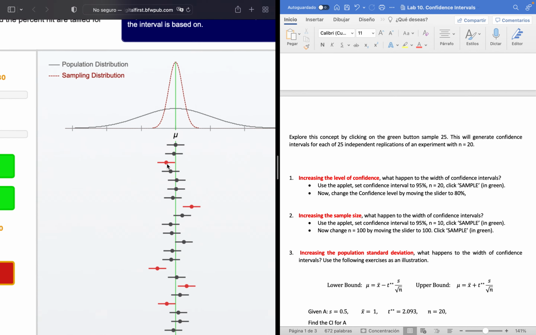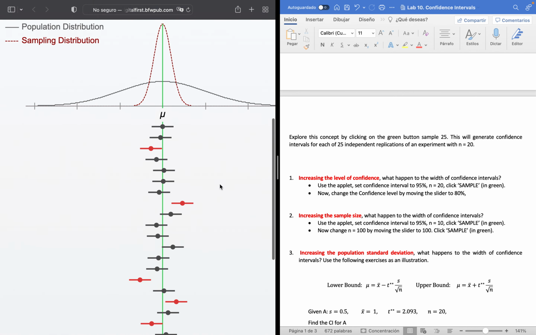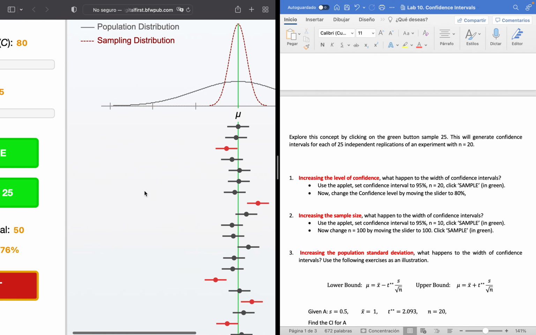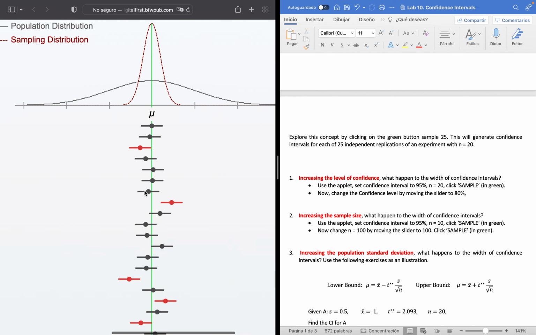What happened to the width of the confidence intervals? The width of each interval has decreased, from 95% to 80%.